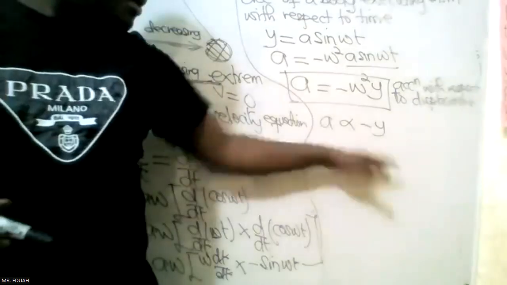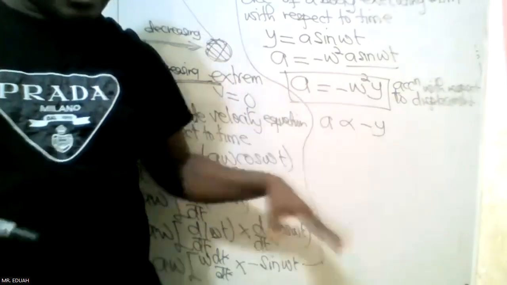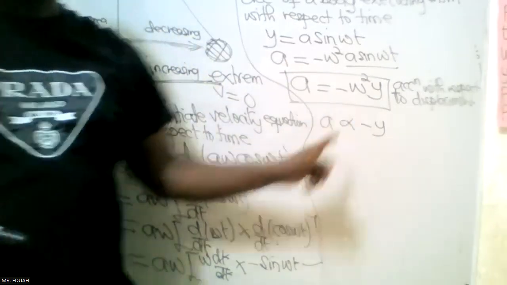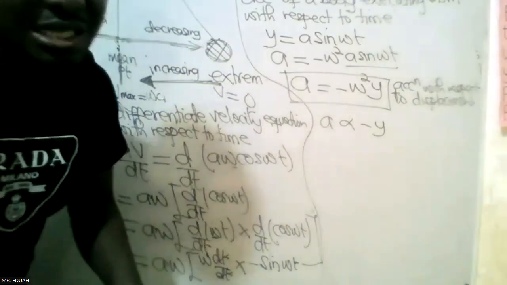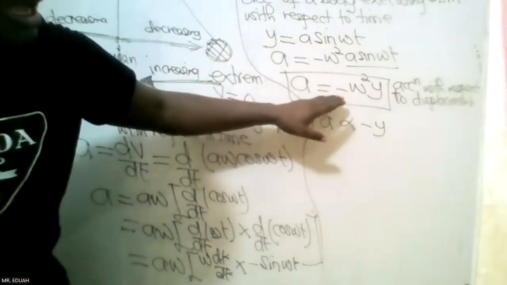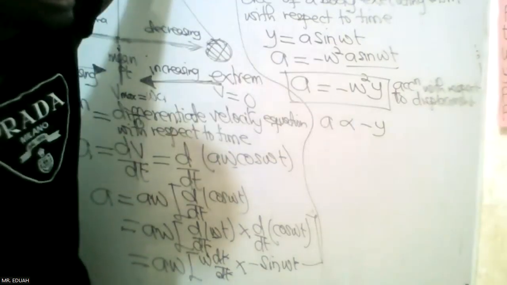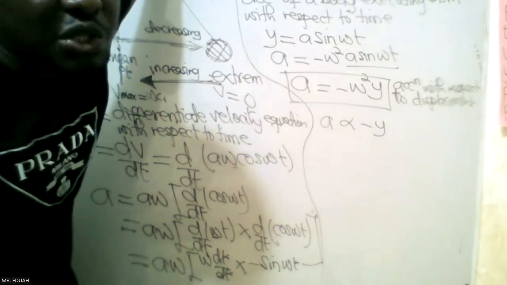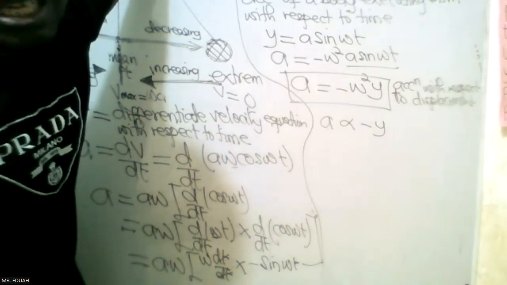And this is what identifies a body doing simple harmonic motion, because a body in simple harmonic motion has the acceleration directly proportional to the displacement, but oppositely directed.